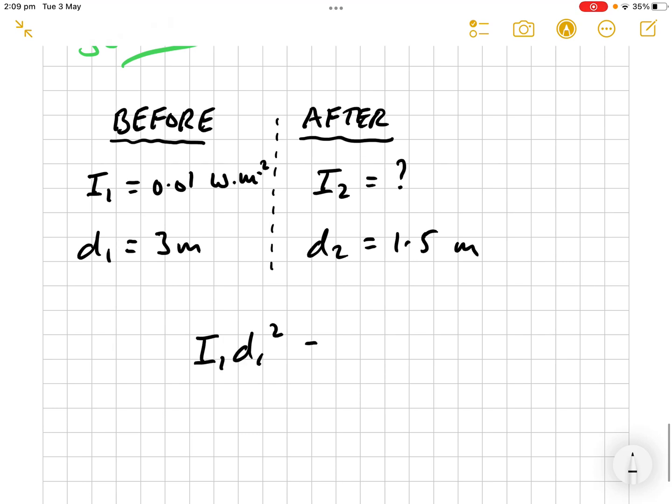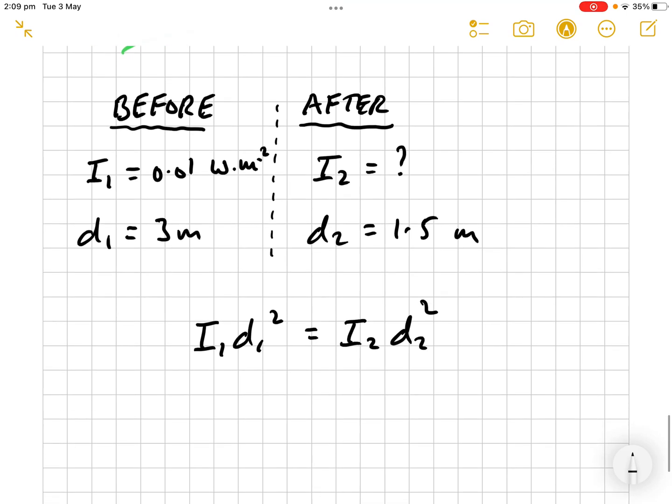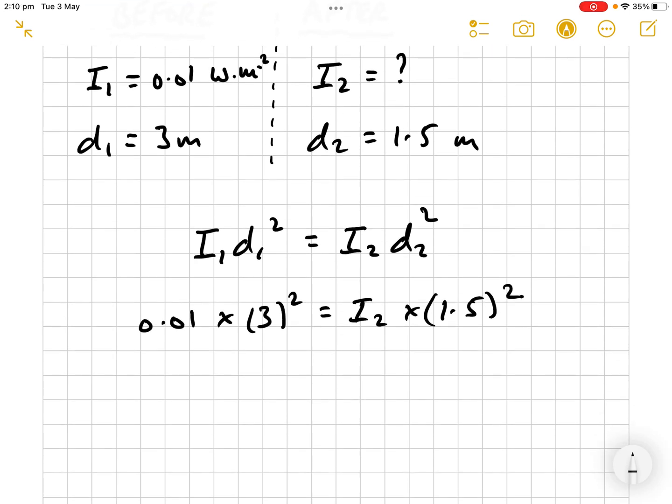Then you say I1 d1 squared equals I2 d2 squared. Put in your numbers. Rearrange for I2. Again, don't round until the final line.